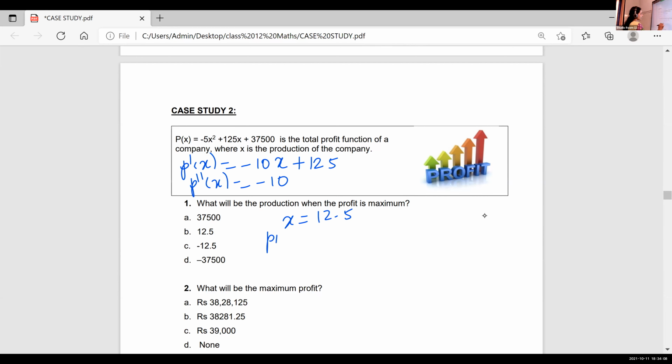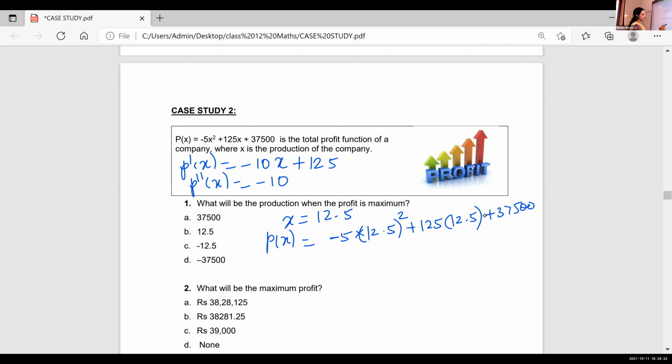So p of x is equal to minus 5 into 12.5 square, plus 125 into 12.5.